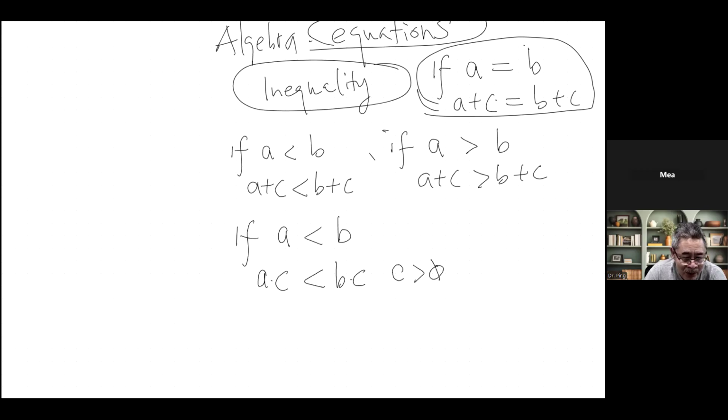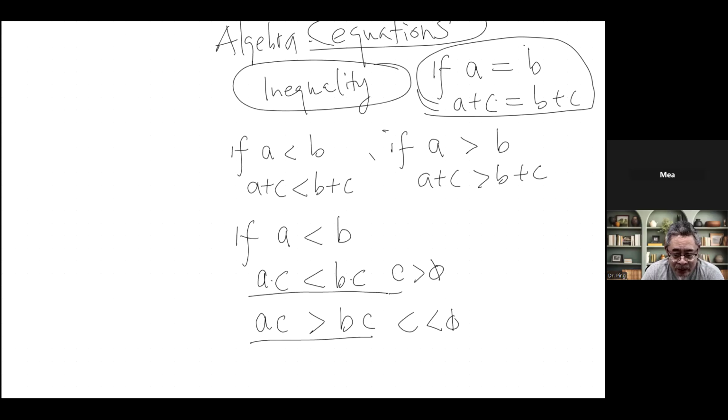But when we actually multiply by a negative number, then we have to flip it. So that's when C is less than 0. So we got two cases when we multiply. It depends on whether you multiply by a positive number or a negative number. If we multiply by a positive number, then nothing changes. When we multiply by a negative number, we have to flip the sign for the inequality.